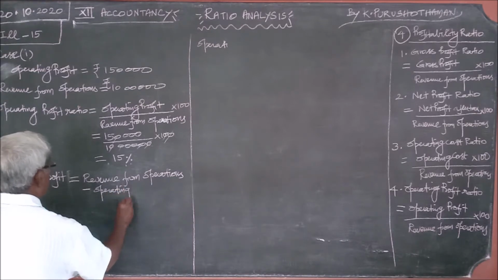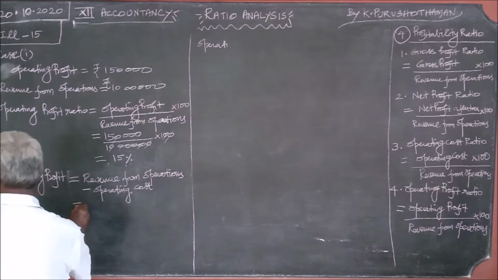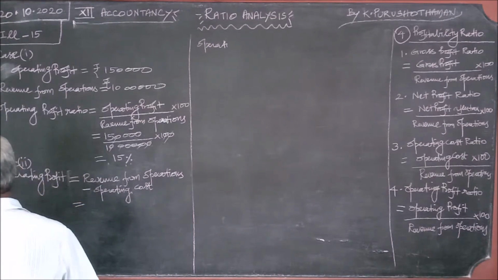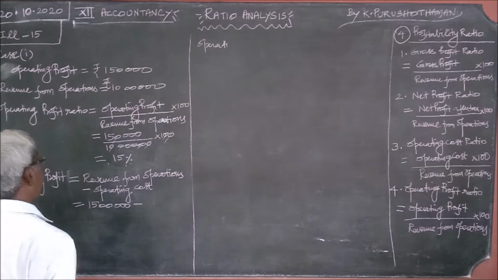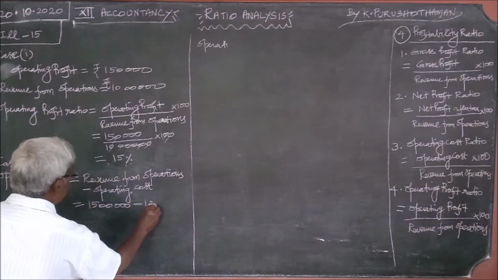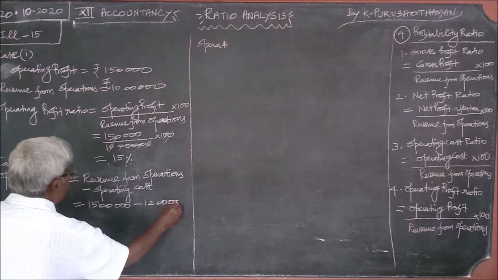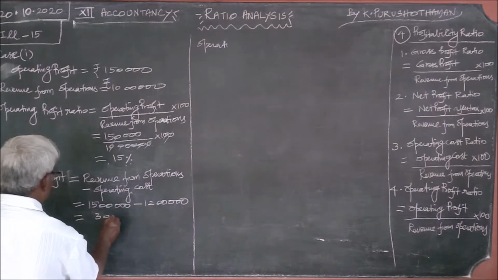Revenue from operations 15 lakhs minus operating cost 12 lakhs. So the operating profit will be 3 lakhs.